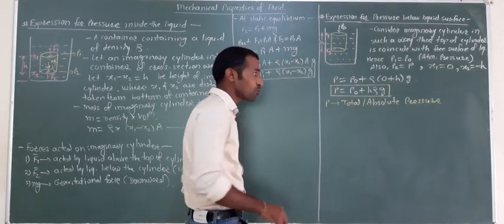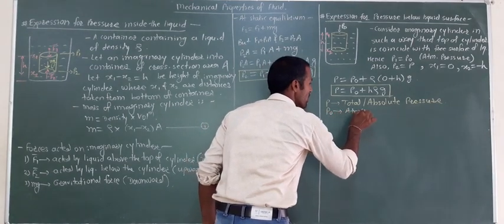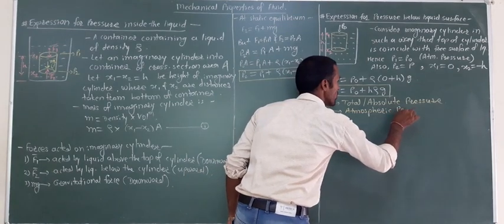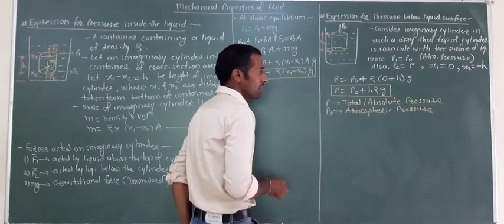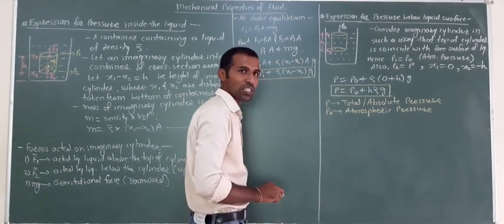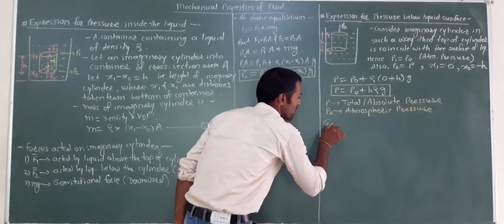In this equation, P is called total pressure or absolute pressure. P is absolute pressure, P0 is atmospheric pressure, then we can calculate gauge pressure.